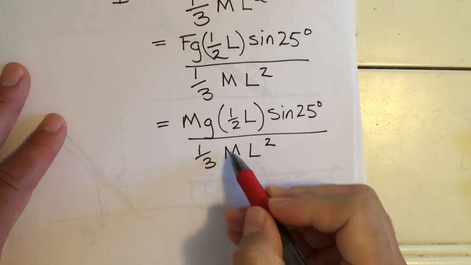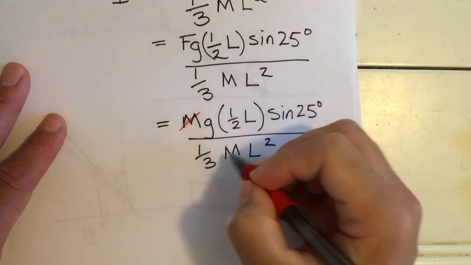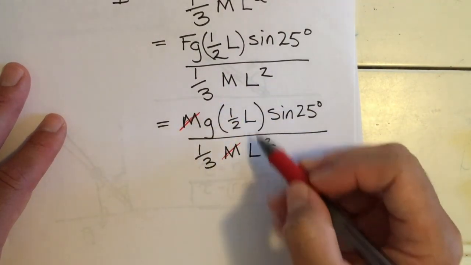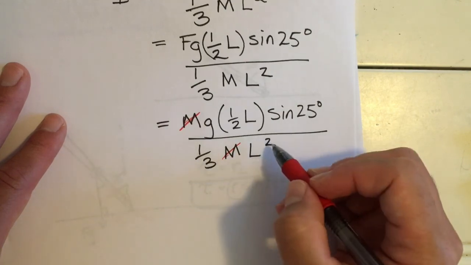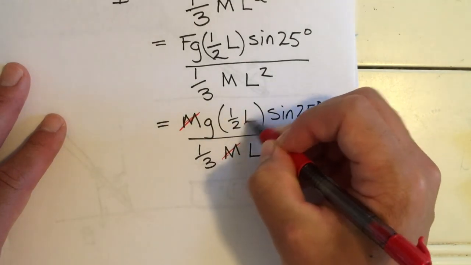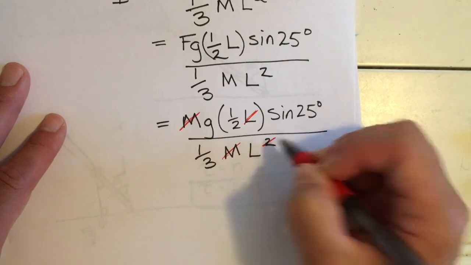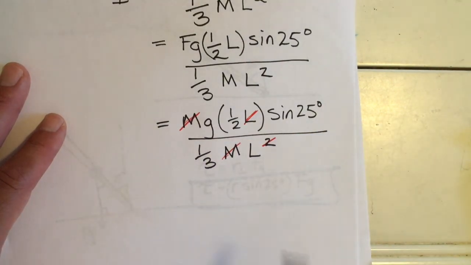We can first divide off the m's. Then we have an L on top and an L on bottom, so we can get rid of the L on top and get rid of one of the L's on bottom. I'm going to go ahead and rewrite then.